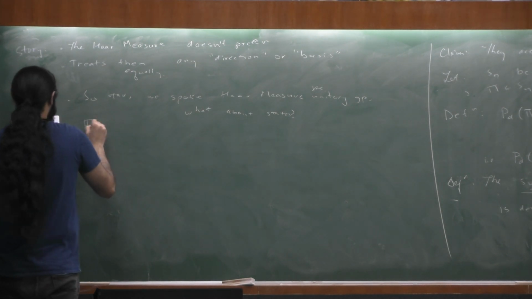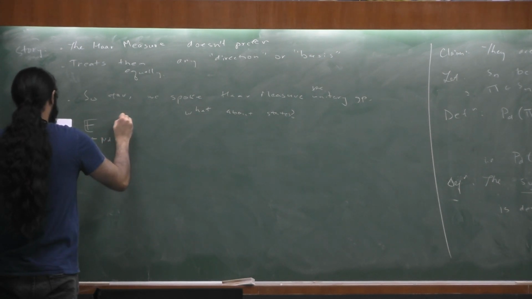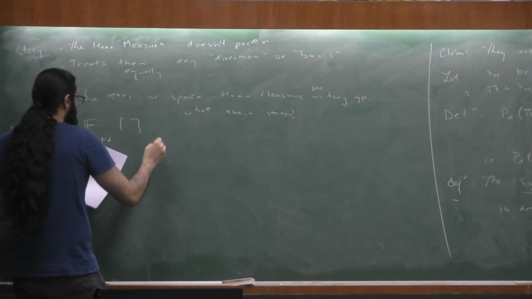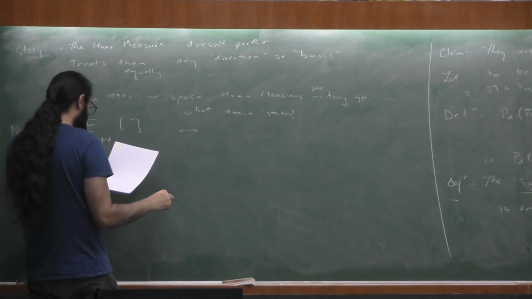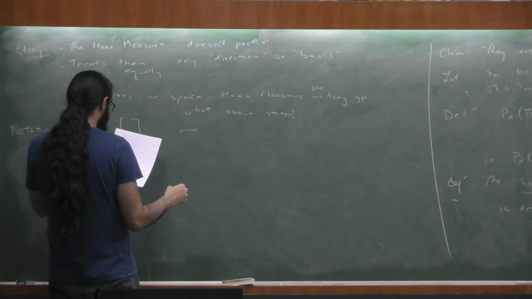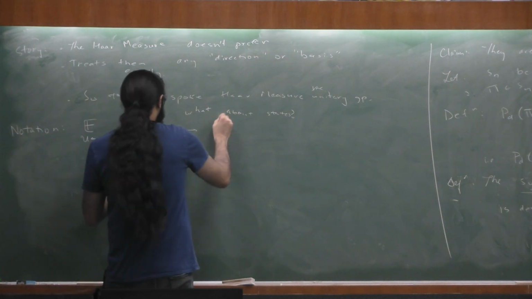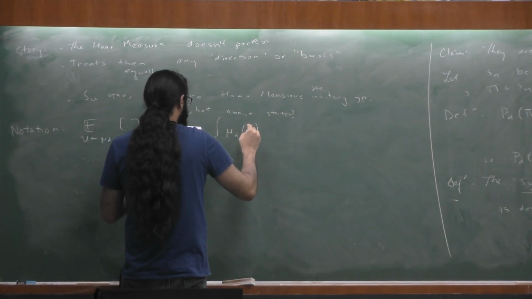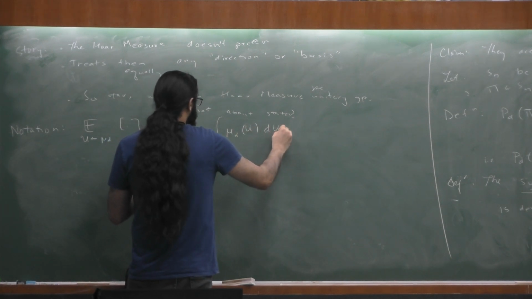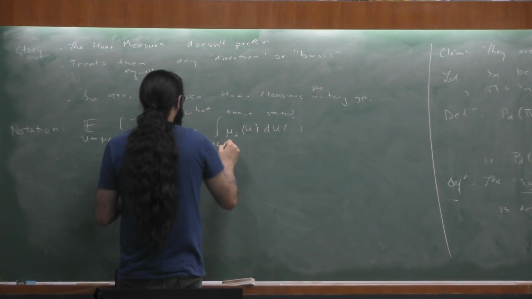I'm going to use expectation over mu t. I'm using this arrow-like thing to basically say what it means. We're going to use an integral here, and whatever quantity I have will go here.